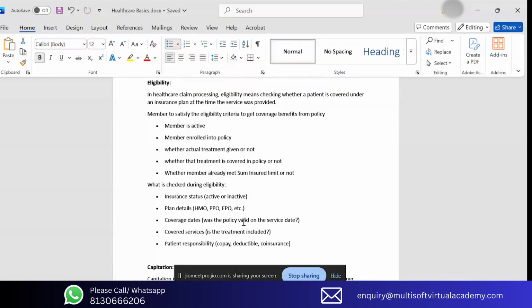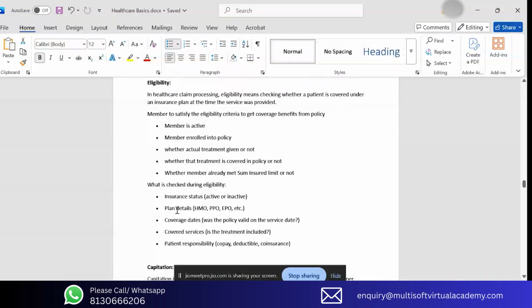If I'm exceeding my treatment more than $50,000, then obviously the service will not be covered, and you need to top up or take another plan. So these are all the basic eligibility requirements before you go for a visit or submit a claim.